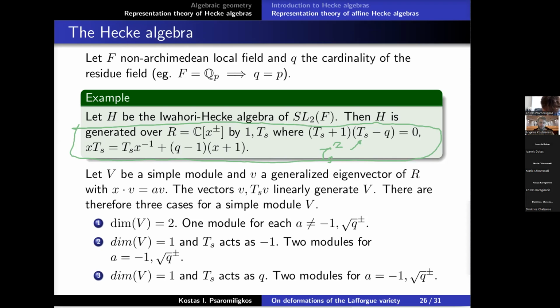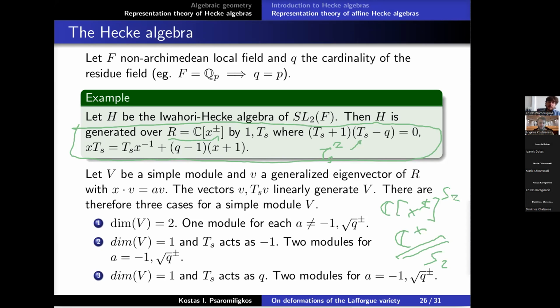The center of this will be symmetric Laurent polynomials, because it's R^W, the W invariants of R. And as we saw before, we can think of that as regular functions on this torus, on C star quotient by S_2.